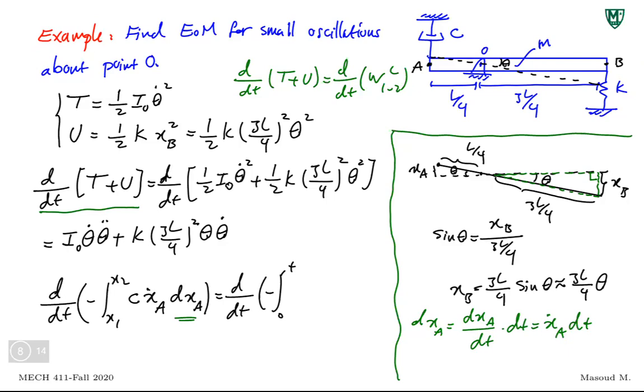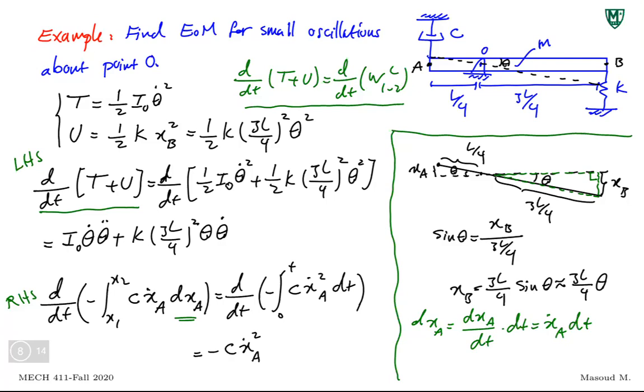I change the variable in the integral from dx to dt, so it becomes the integral from 0 to t of c x dot A squared dt. The derivative with respect to time of an integral over time just comes out as c x dot A squared. And this is the left-hand side of the equation. This is the right-hand side of the equation, like this equation there.